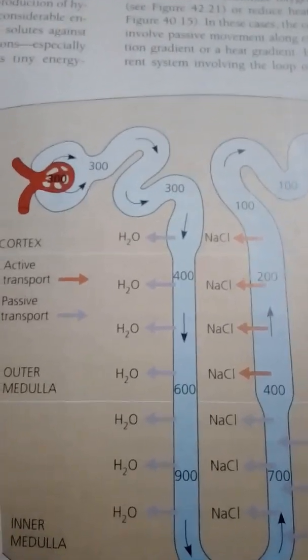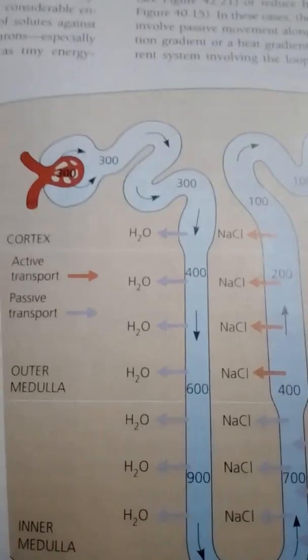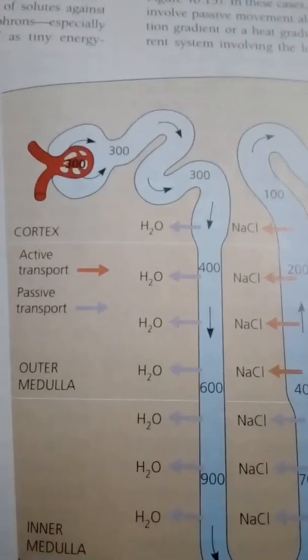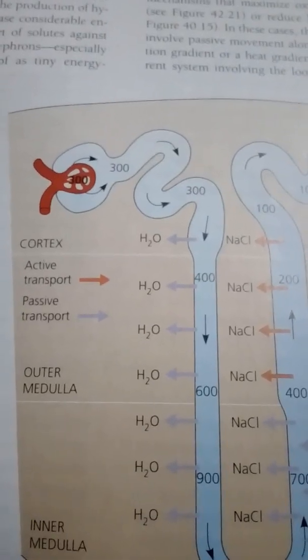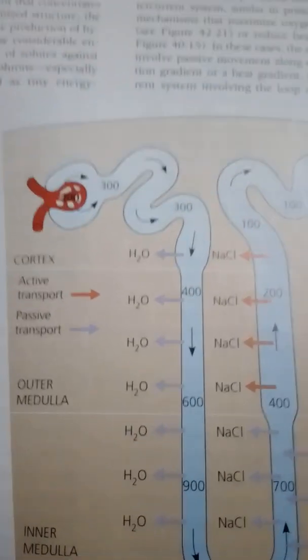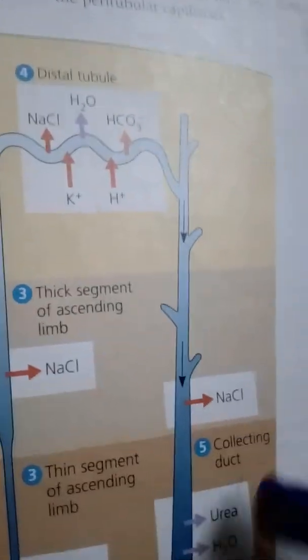Like the proximal tubule, the distal tubule also contributes to pH regulation by the controlled secretion of H+ and reabsorption of bicarbonate, HCO3-.